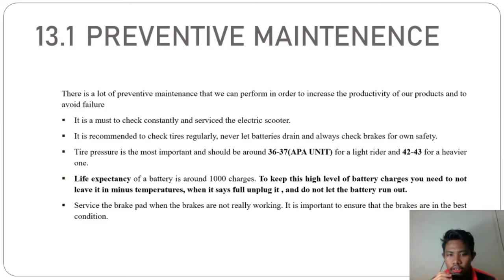The tire, battery drain, and brake check are recommended regularly for our own safety. Tire pressure is most important and should be around 37 PSI for a light rider and 42 to 43 for a heavier one.